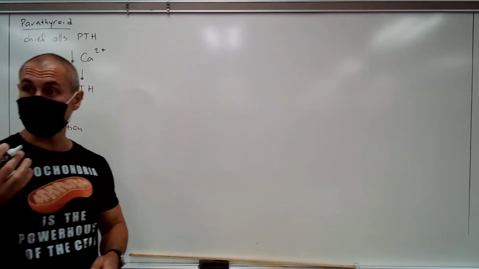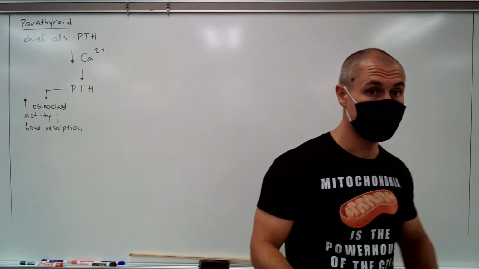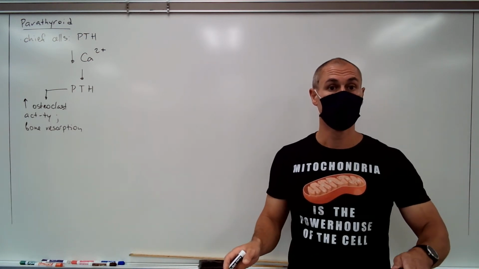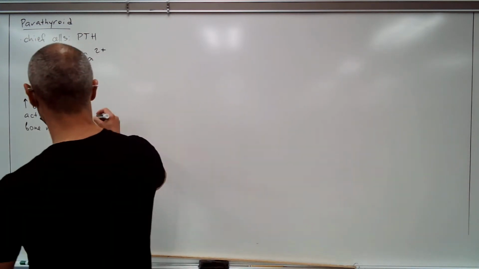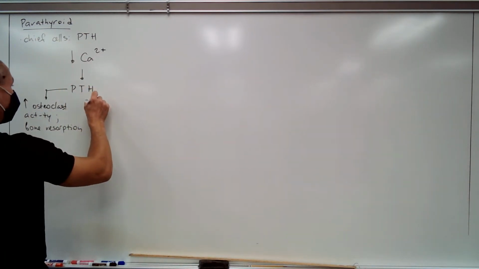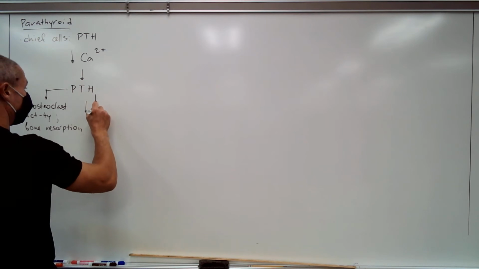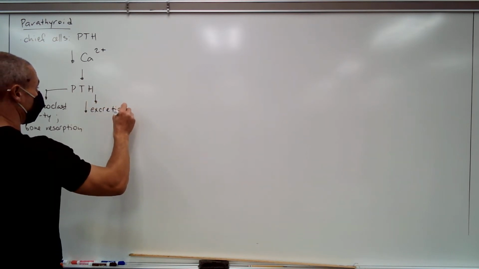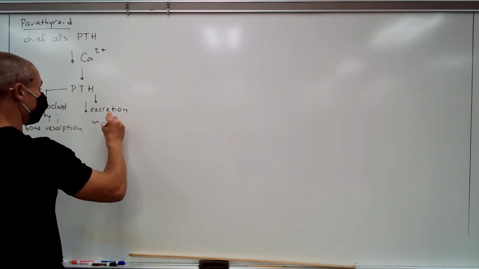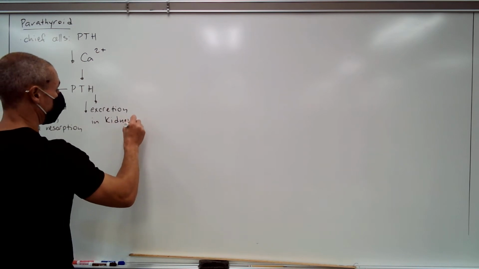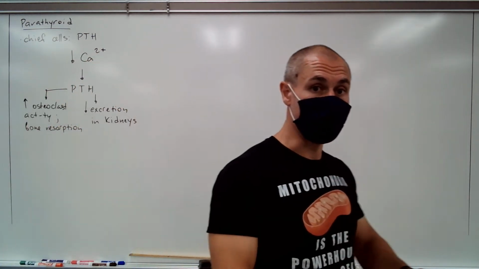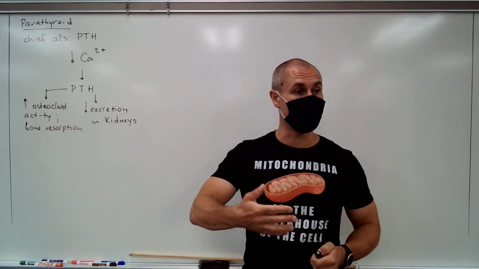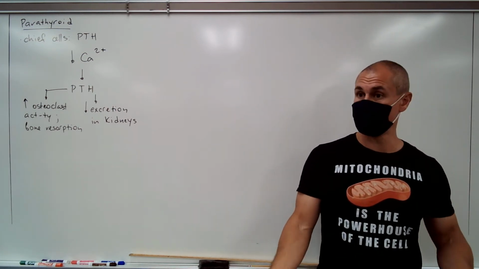So you start taking it out from your savings, from your bones. Good? Now, you can also spend less. You decrease the excretion of calcium in kidneys. That make sense? So you pee calcium out. Does that make sense?